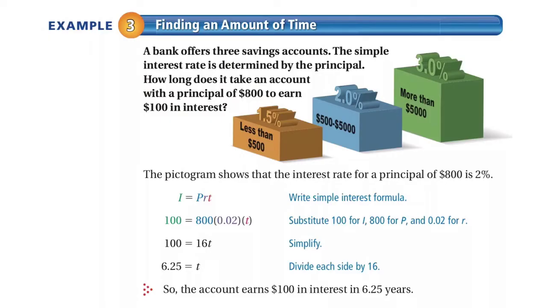First thing we'll do is multiply 800 by 0.02 to get 16. So now we have 100 equals 16t. Divide both sides by 16, and we get 6.25. So 6.25 years, or 6 years and 3 months. Same kind of thing, we just plug in what we know into the formula and solve for the unknown.